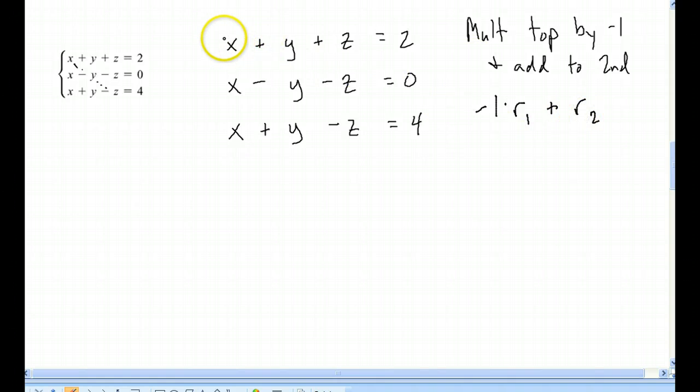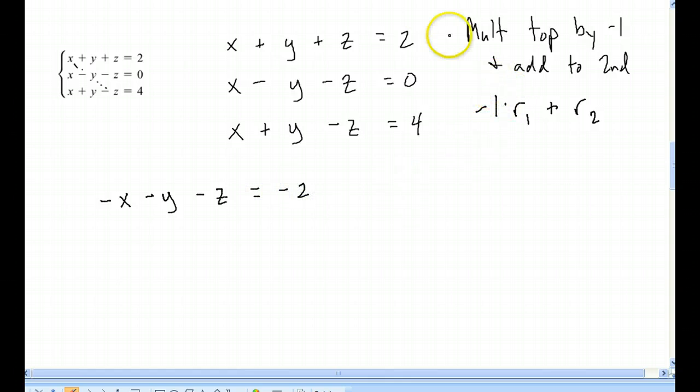So -1 times 1x is -x. -1 times 1y is -y. And -1 times z is -z. Alright, -1 times 2 equals -2.